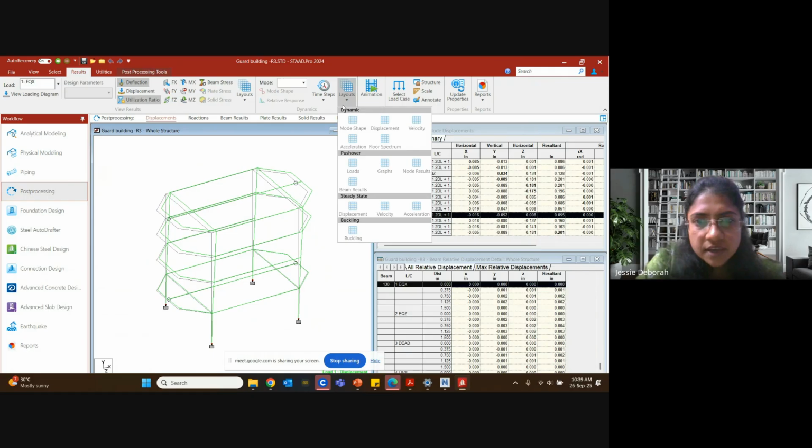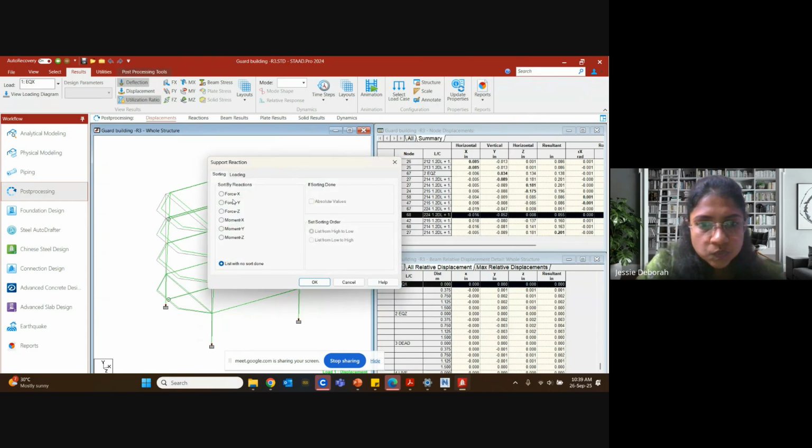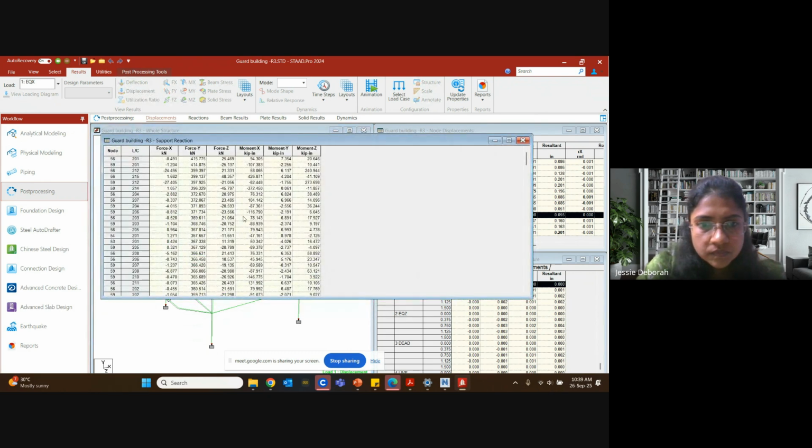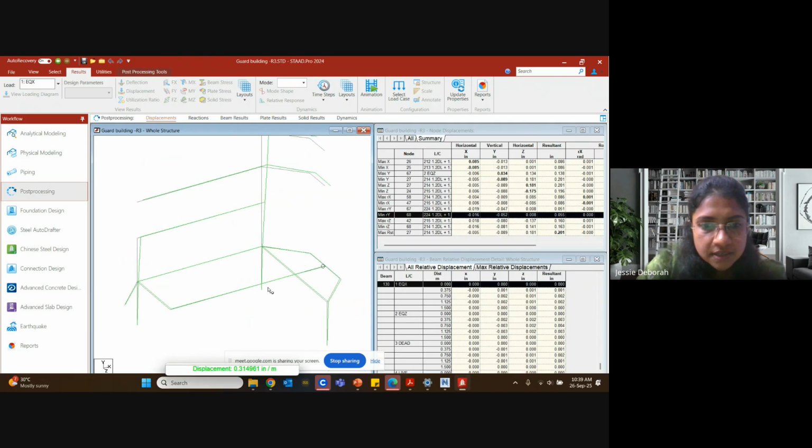And if you check, at node 240 is your maximum. So at this place there is maximum deflection taking place.